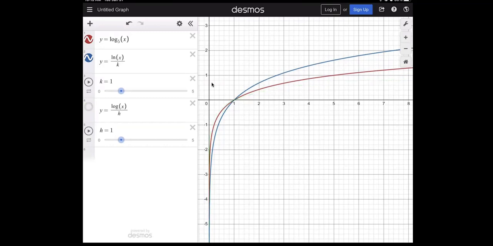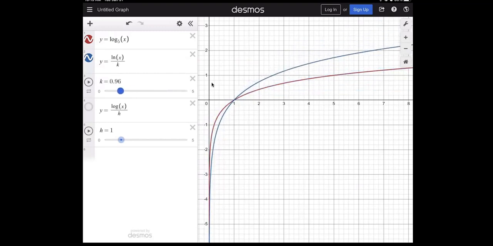And the idea is I can turn my ln graph, I can turn that blue graph into the red graph by just dividing by the right number, which I think is probably log of 5. Let's see, what I'm going to do is I'm going to move this k on either side. By changing k bigger and smaller, I'm dividing by a bigger and smaller number. And really, I am stretching my graph.